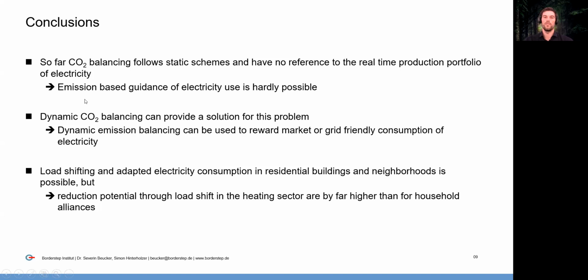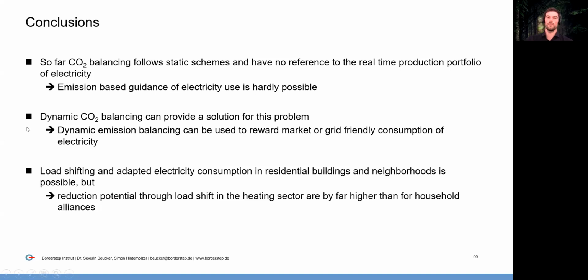And we therefore suggest the dynamic CO2 balancing, which brings us more forward to the grid-friendly consumption of electricity and the integration of renewable energies, and the controlled usage of flexibility, and to make it to better account which effect flexibility brings to the whole electricity grid.